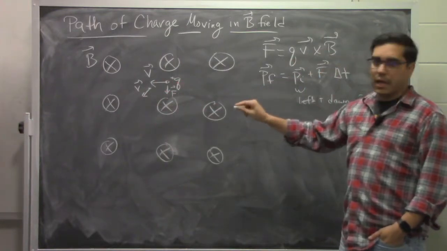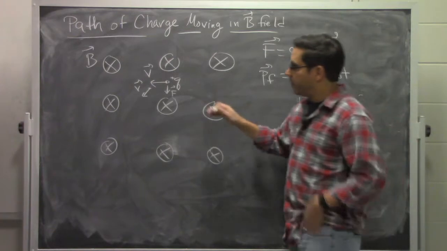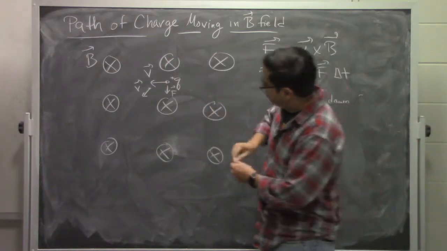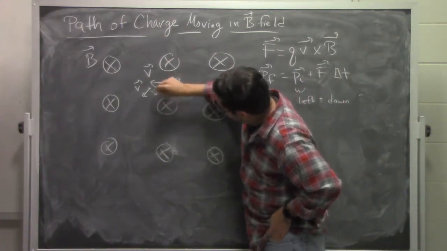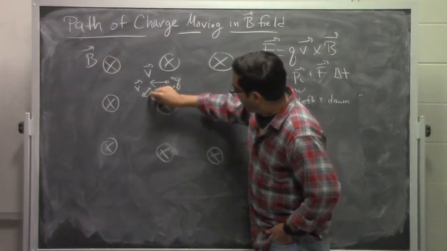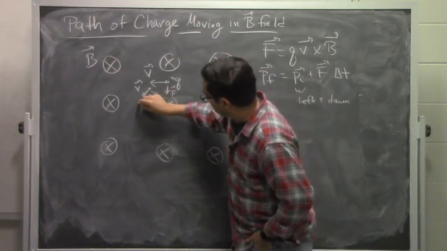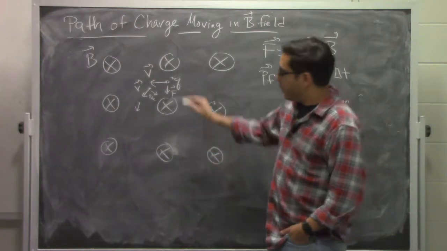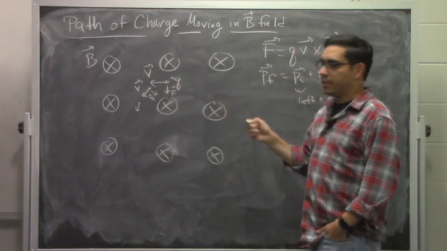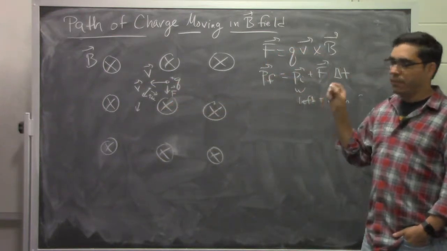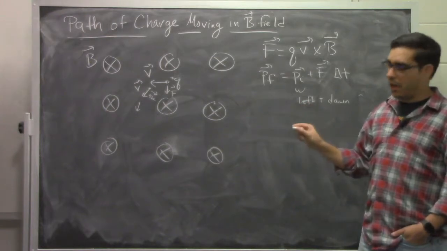If we apply that again, what we're going to find is that that force, V cross B, points perpendicular to both, so it points inward like that. And so we're going to get a little bit more down and a little bit more to the left. We can keep playing this game, but every time we do this calculation, the force will always be perpendicular to the velocity.